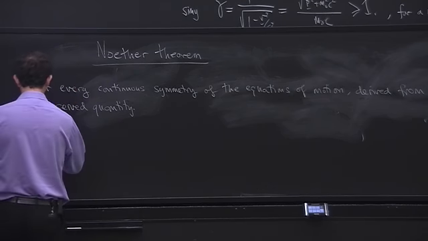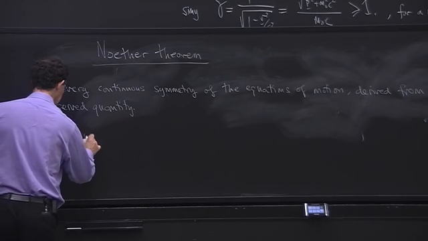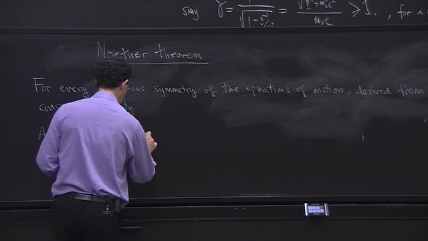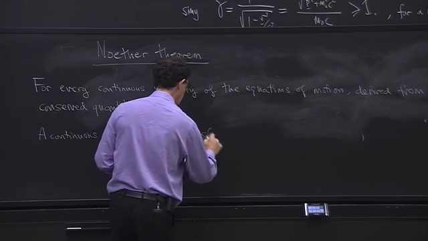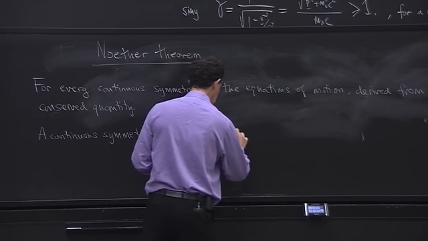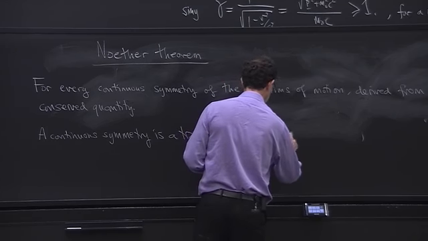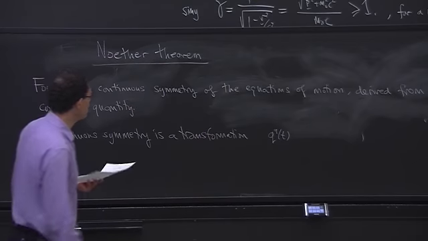Okay, so a continuous symmetry is a transformation of QA of t. So I've got some trajectory of the system, QA of t.